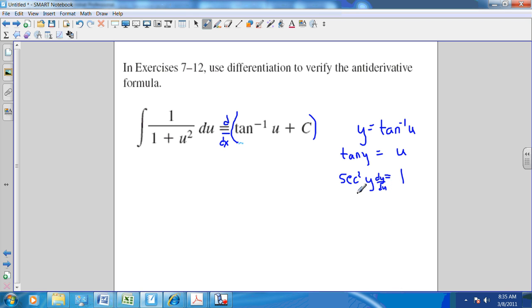And since what we're really after is dy du, we can now solve for this and go dy du is equal to 1 over secant squared. Well, secant squared is already the reciprocal of cosine, so the reciprocal of the reciprocal is just the regular thing. So I have cosine squared of y.